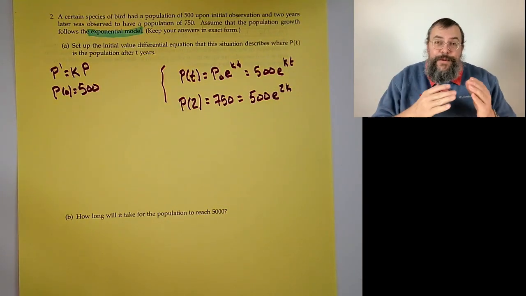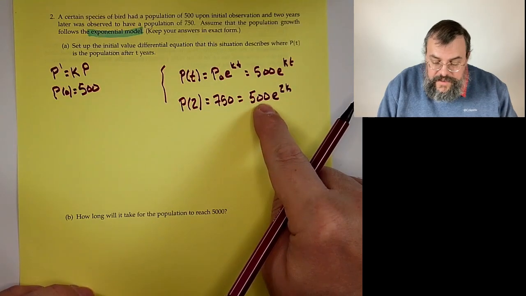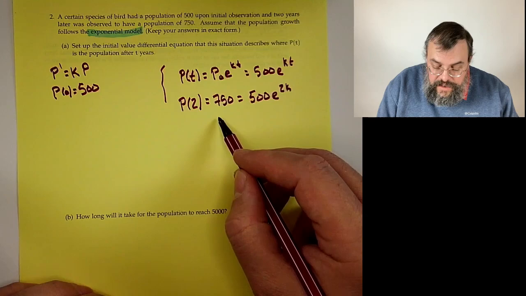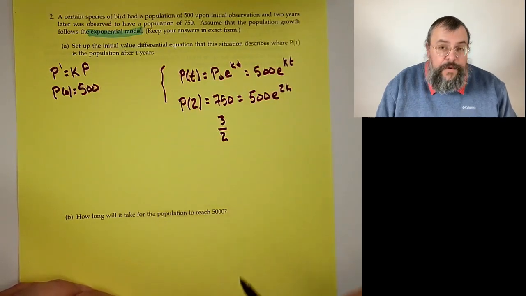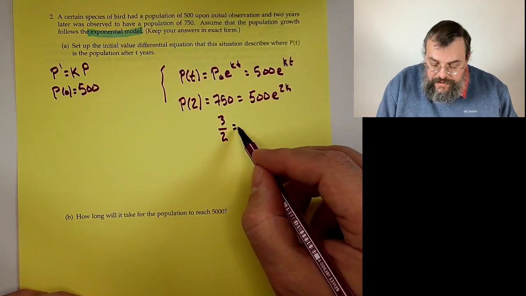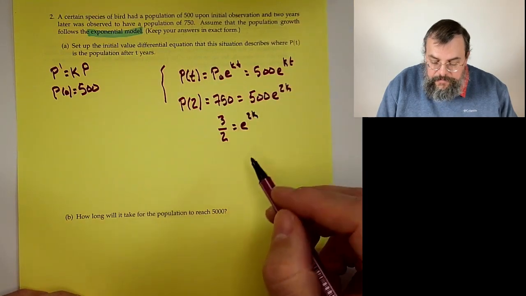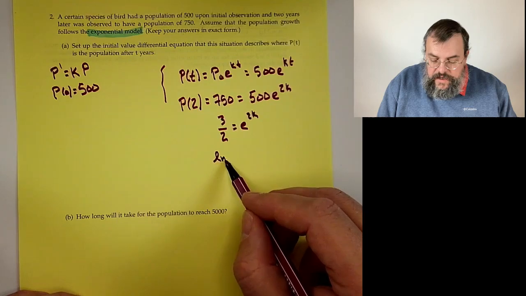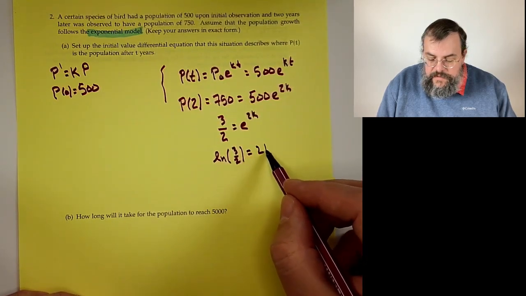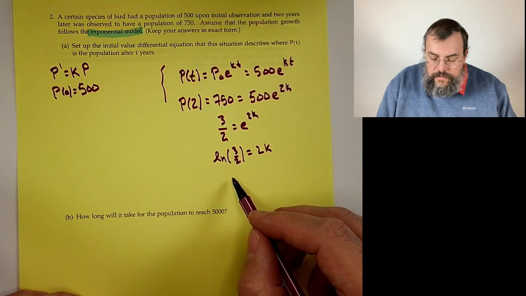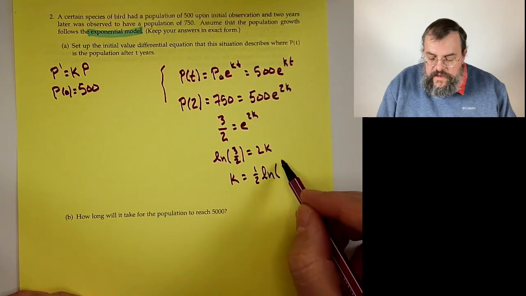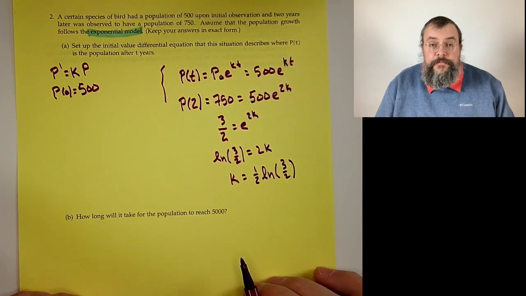Now, divide both sides by 500. 750 divided by 500 turns out to be 3 halves, since we both have a common factor of 250. So 3 halves is equal to e to the 2k, or natural log of 3 halves is 2 times k, and we finally come up with k is 1/2 natural log of 3 halves.